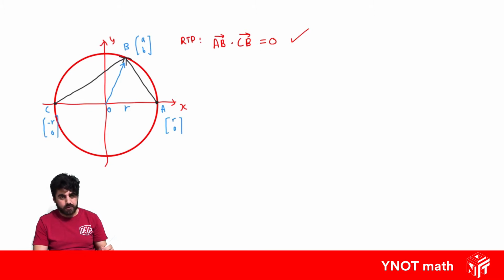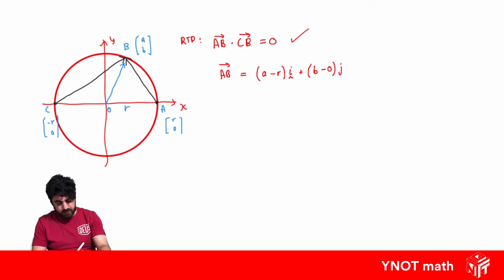So in order to do that, we need to get expressions for our vectors AB and CB. So we can get the vector AB by just subtracting our components B and A. So we can say that A to B is going to equal (a - R)i + (b - 0)j.